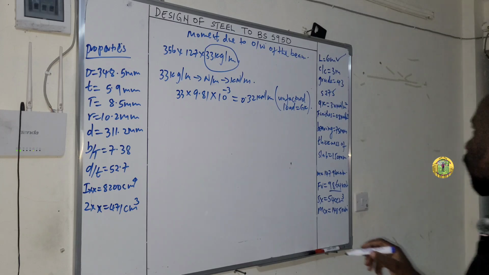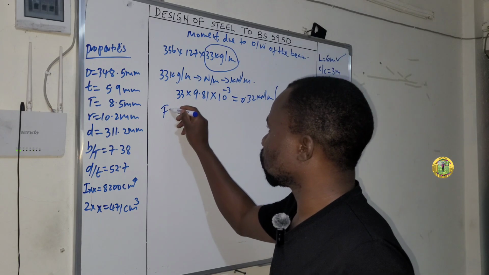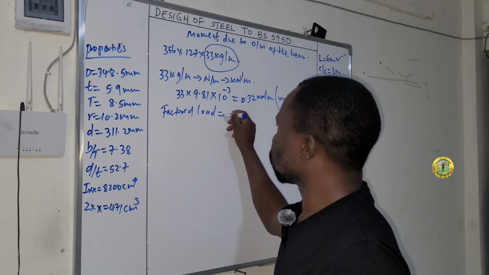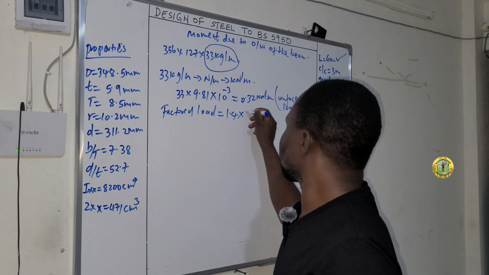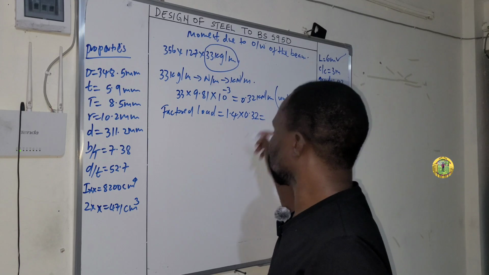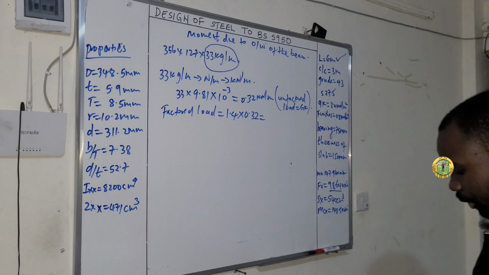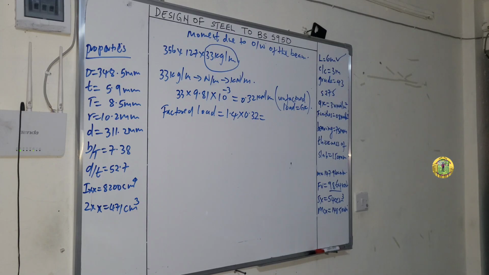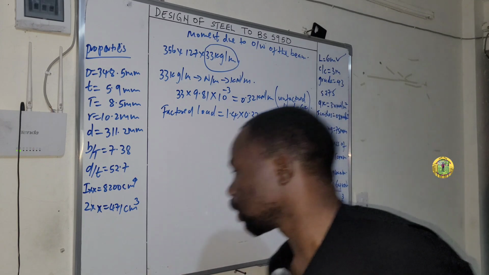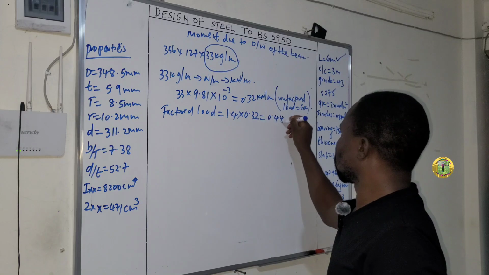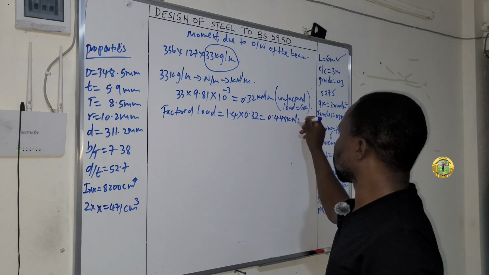So let's now get the factored load. The factored load is equal to 1.4 times 0.32, which is 0.448 kilonewton per meter.